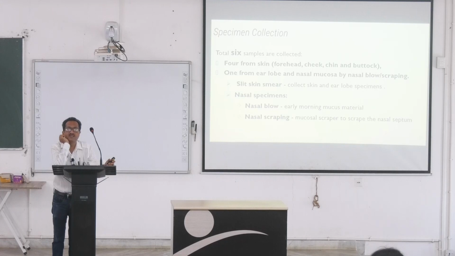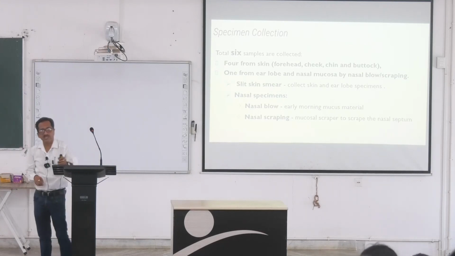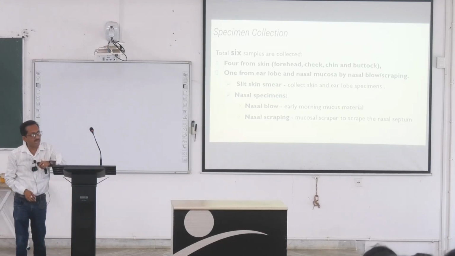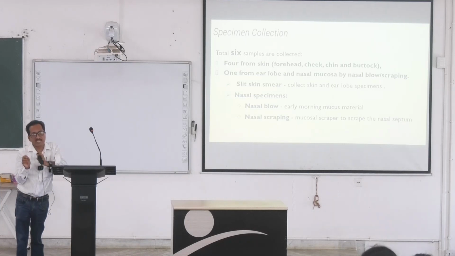Initially I mentioned leprosy prefers the cold positions of our body. So in the skin lesion, you take 4 samples from the margin. Don't take the central part; take the slit skin smear from the advancing margin, because there is central clearing. So from the lesion you take 4 samples, and you take 2 samples from both the ear lobules.